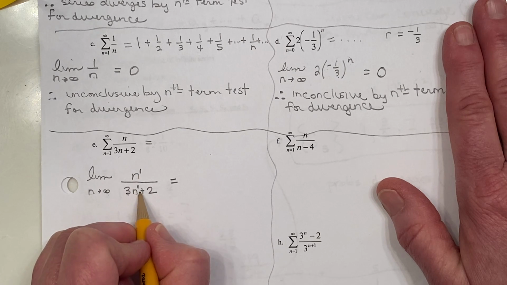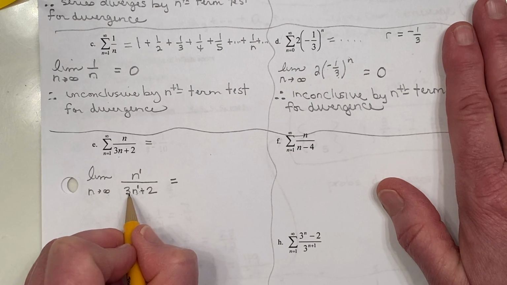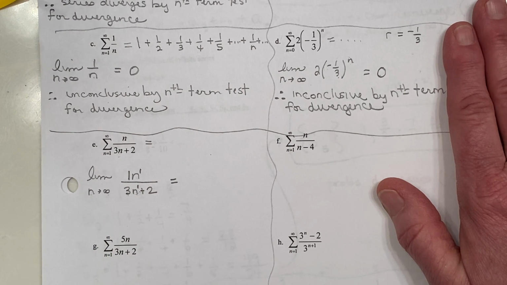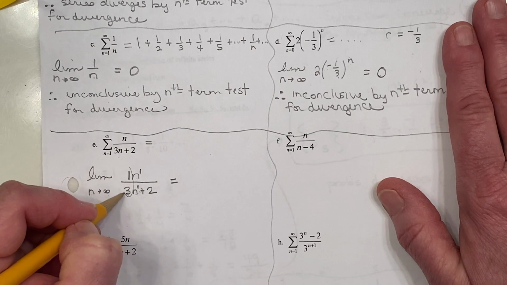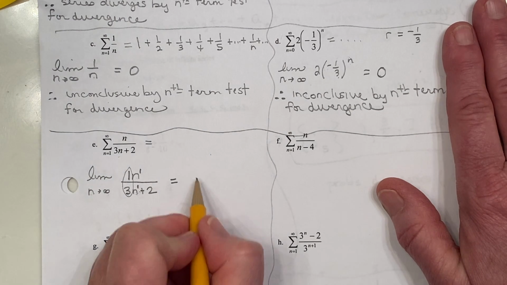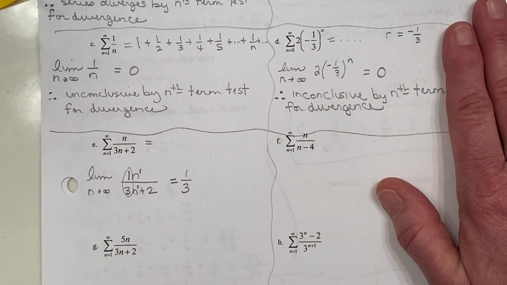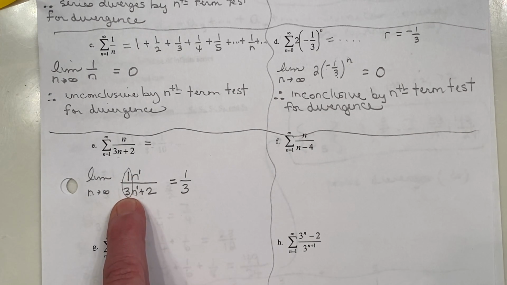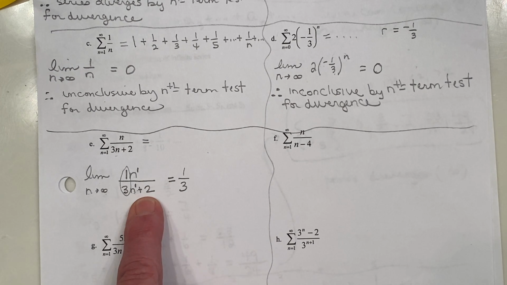Well, when the exponents are the same in a rational function, then we know that we have a horizontal asymptote at the ratio of the coefficients, the numbers in front of those powers, those terms. So this is actually equal to 1/3. You can kind of analyze it too. We have an infinity over 3 times infinity plus 2. This plus 2 is negligible.